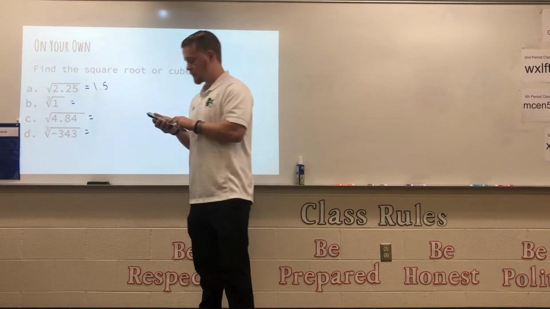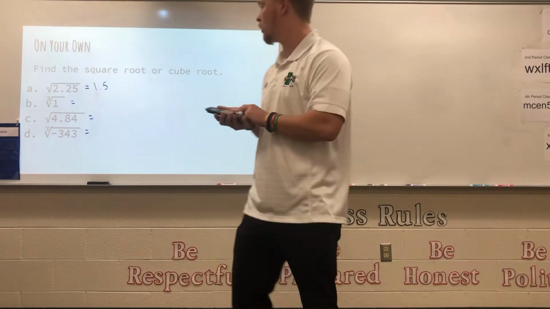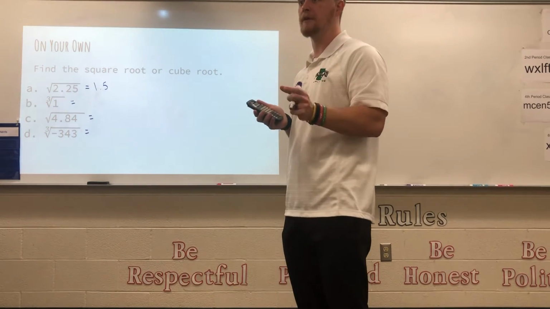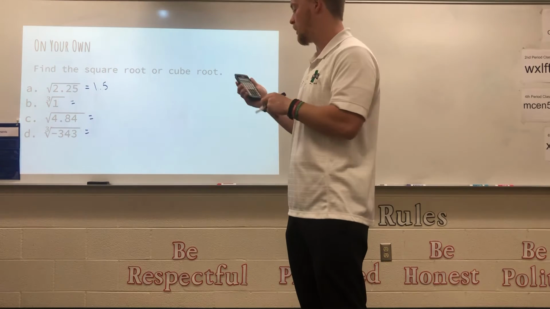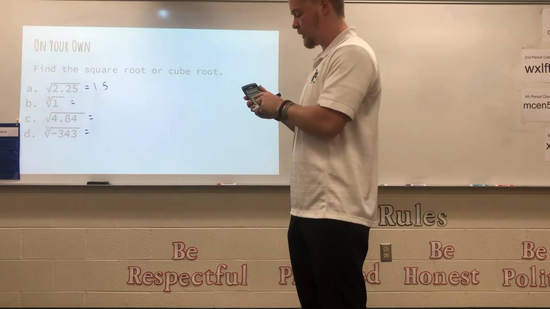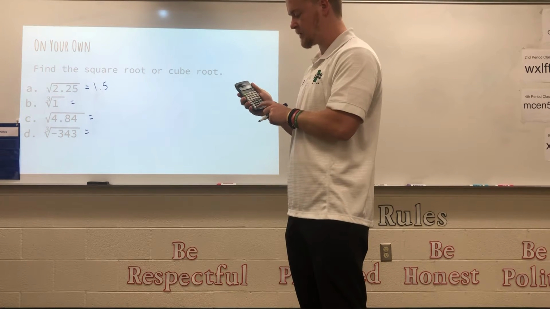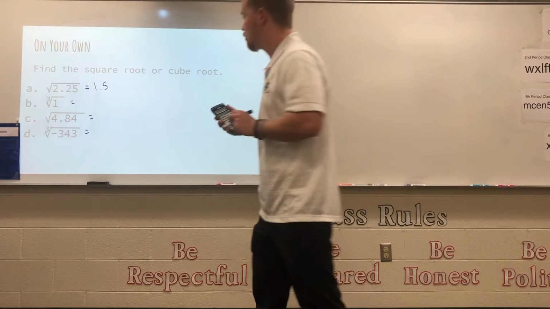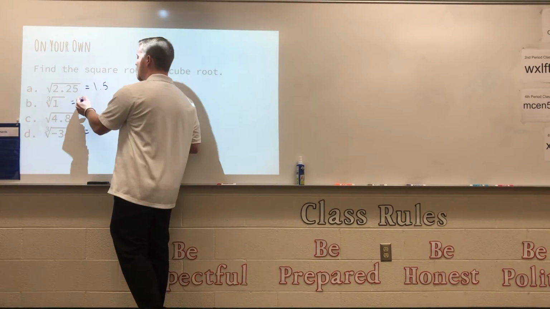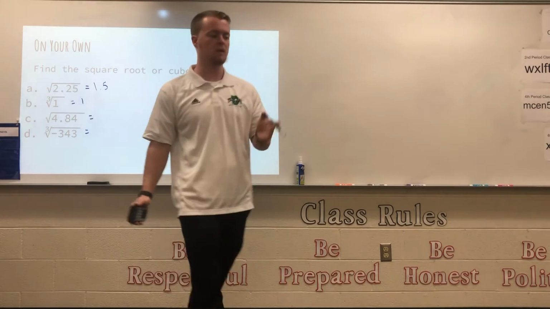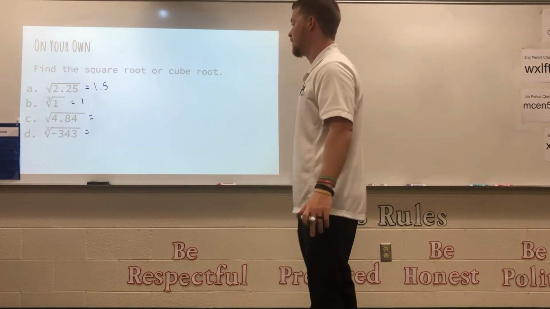Next, we want the cube root of 1. So what times itself 3 times equals 1? So I type in 1, second 0, and that'll show me that the cube root of 1 is just 1, which makes sense because 1 times 1 times 1 equals 1.